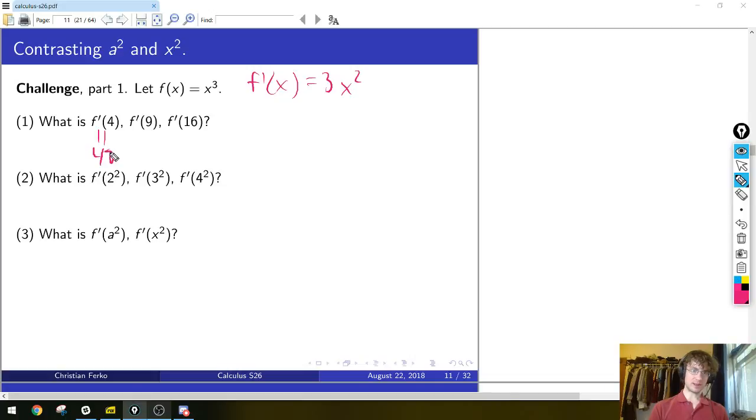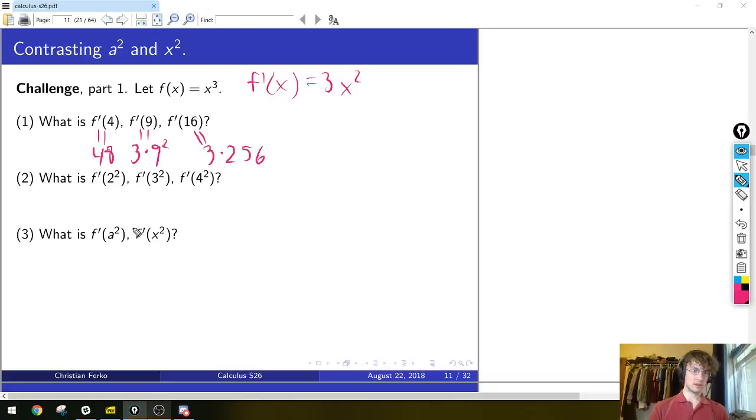You don't have to actually do the arithmetic if you don't want. You can leave it as a product of numbers, but okay, what's this? 3 times 9 squared. Good. Be super lazy. And f prime at 16. 3 times 256. Good. You know 16 squared, or 2 to the 8th, which is 256.